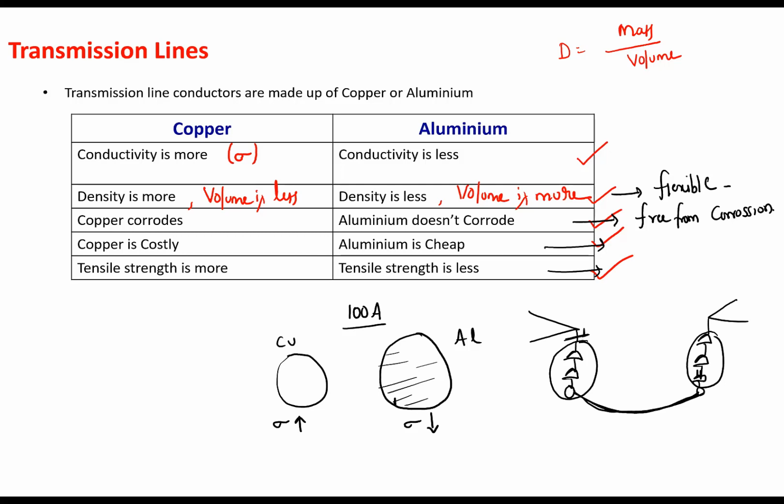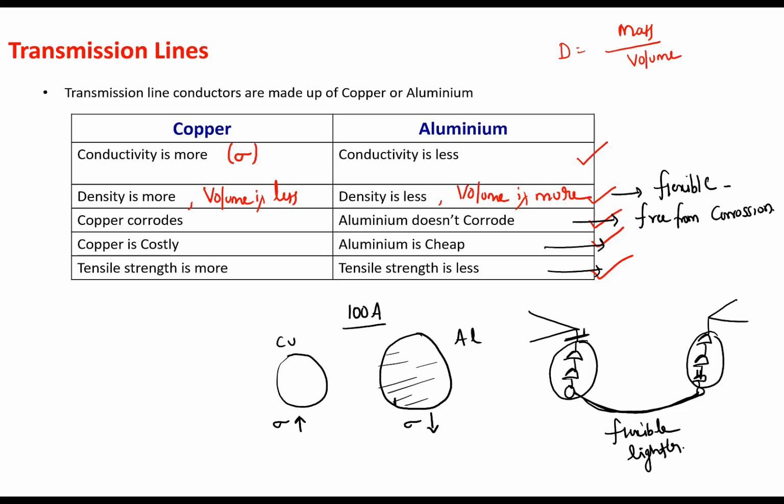So we need a flexible material. We need a lighter material so that our supports can be less strong. So all this makes aluminum a unanimous choice for our overhead transmission conductors.